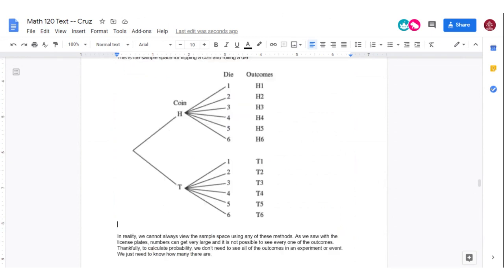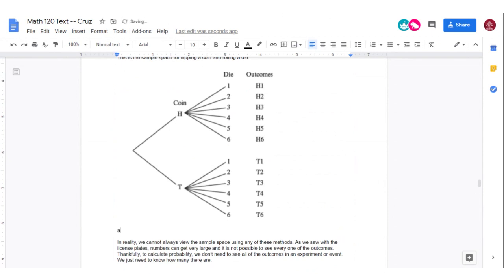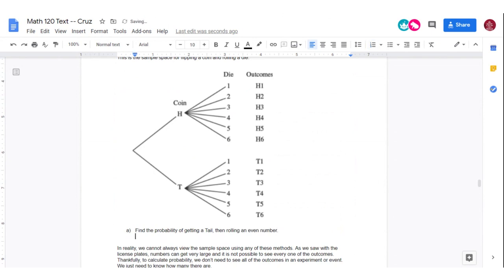Let me think if I can think of some good questions to ask here. All right, y'all try to work this out, and tell me what it comes out to.